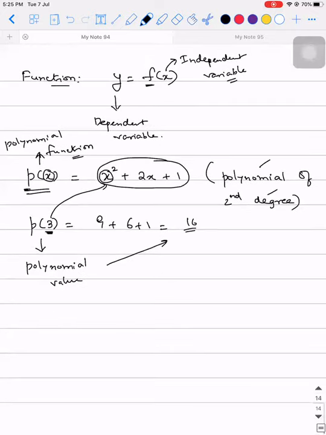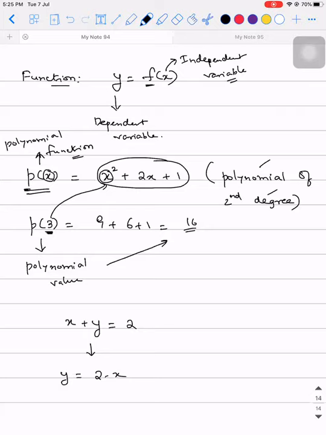The other example of what you have learned is x plus y is equal to 2. What is this actually? According to last year, you learned it in the third chapter: a linear equation in two variables. This year, I will rewrite this equation as y is equal to 2 minus x.